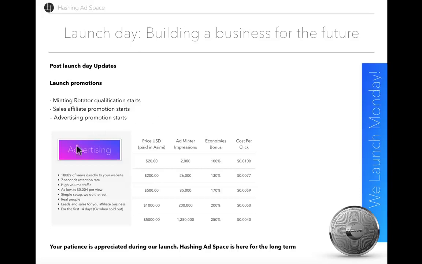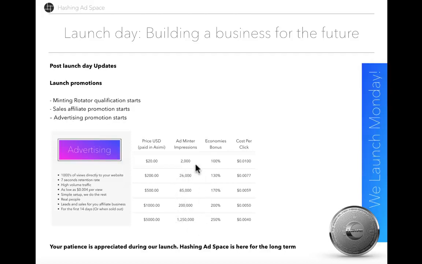I wanted to include a screenshot of the advertising promotion here because after listening to leaders' feedback, we decided to give more value to our advertising partners, and we have increased the amount of impressions that you get per dollar when you purchase advertising with us.